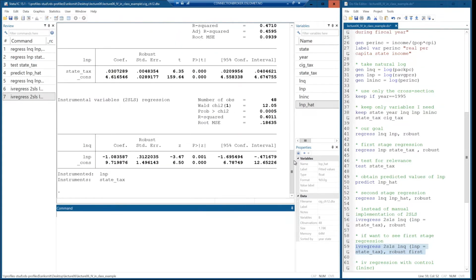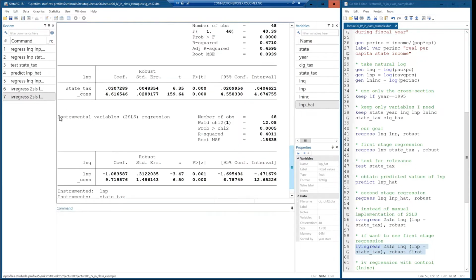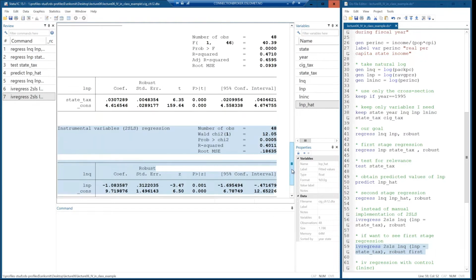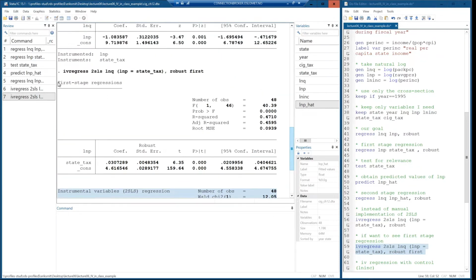So here we have the second stage regression, as you saw earlier, but we also have the first stage regression.